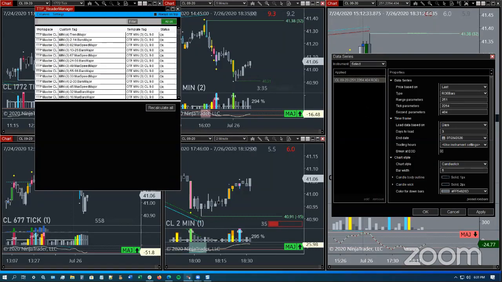So instead of trying to trade 2 contracts in the ES when you've only got an account size of say 10,000 bucks, or hopefully at least 10,000, hopefully not less, then you could trade the micro and actually position size properly and have your stop large enough to where it makes sense to get into the trade.